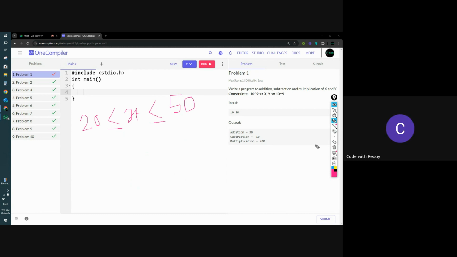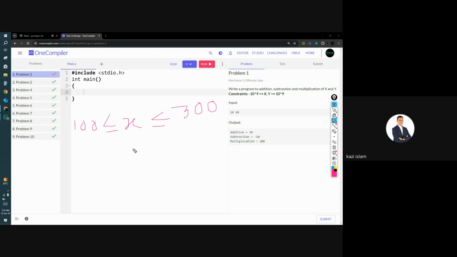So let's take another example: 100 less than or equal to x less than or equal to 300. Tell me the range of values for x.